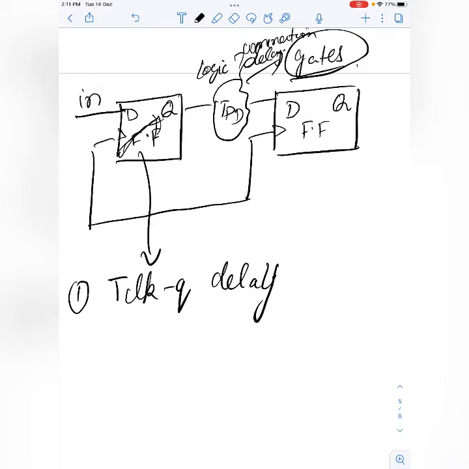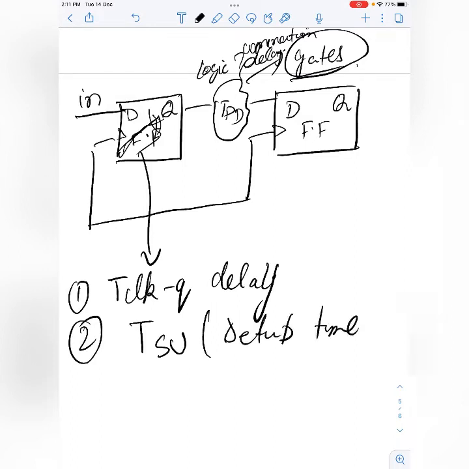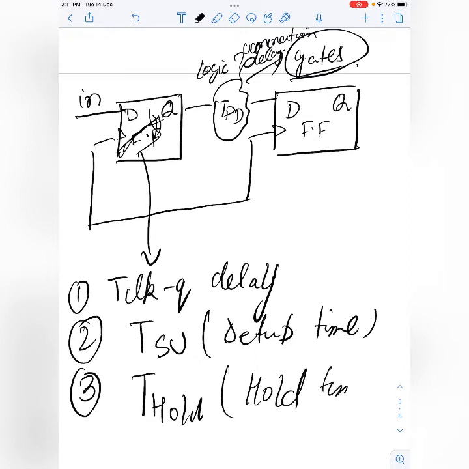Means clock to Q. The second delay is T setup, we can write it as TSU, and the third is T hold. This is the same for both the flip-flops, and this delay is PD due to combinational delays.